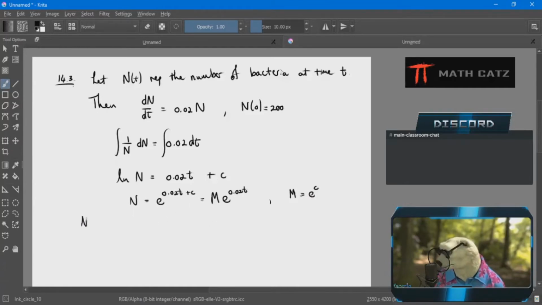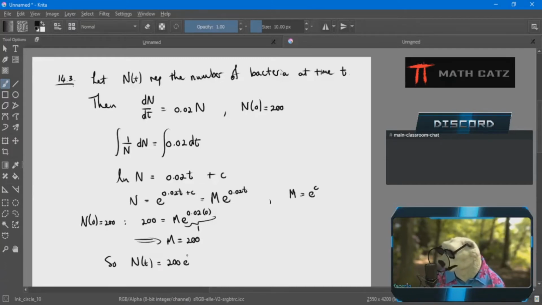Then I'm using the fact that my initial condition is 200, plug that in, so 200 equals M times e to the 0.02 times 0, and because e to the 0 is 1, that leads me to M being 200, which I already knew should be the case. So my function that describes the number of bacteria over time is 200 e to the 0.02t.